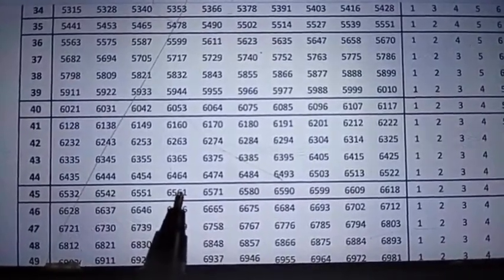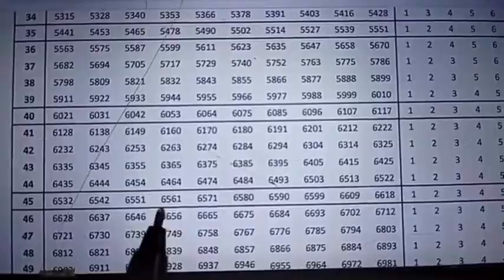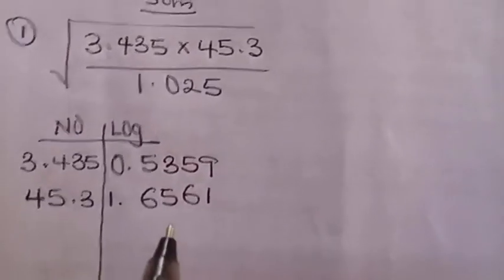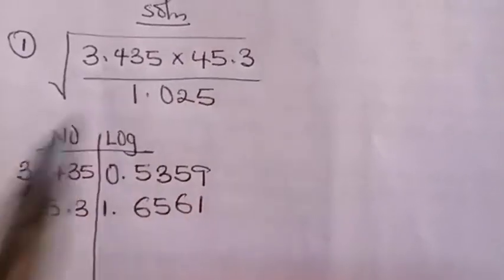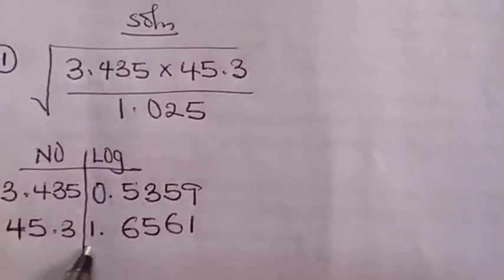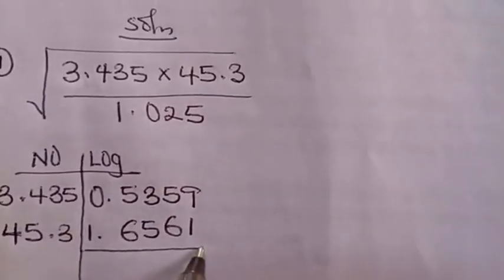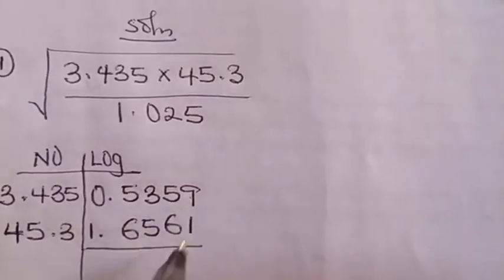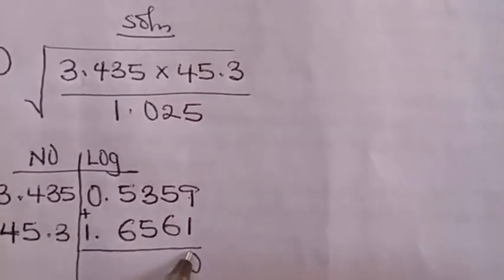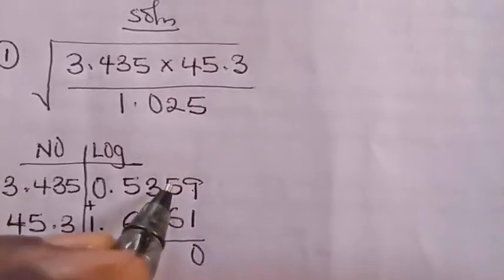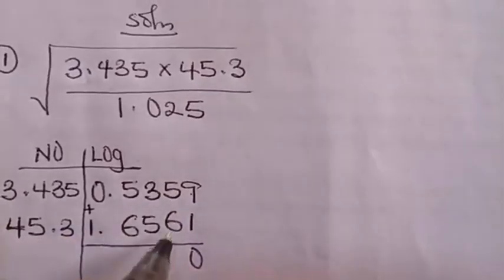You have 6561. Next, we apply the first law of logarithm in this case, which is the multiplication law. And according to the multiplication law, we are to sum this up. So we have 9 plus 1 giving us 10. That's 0. You take 1. That 1 plus this 5 is 6. 6 plus 6, we have 12.